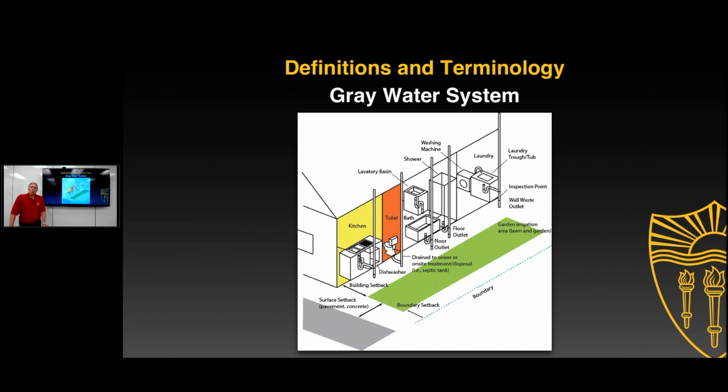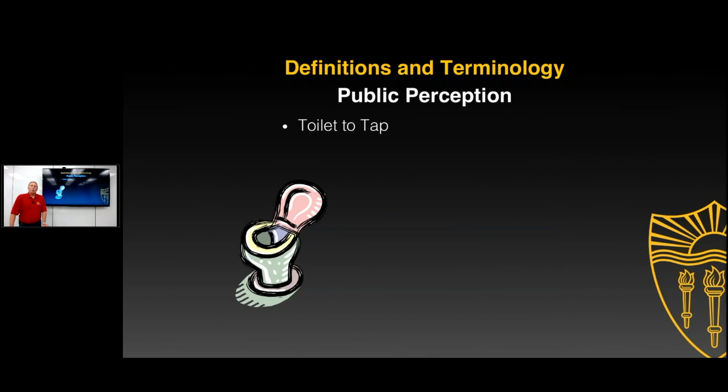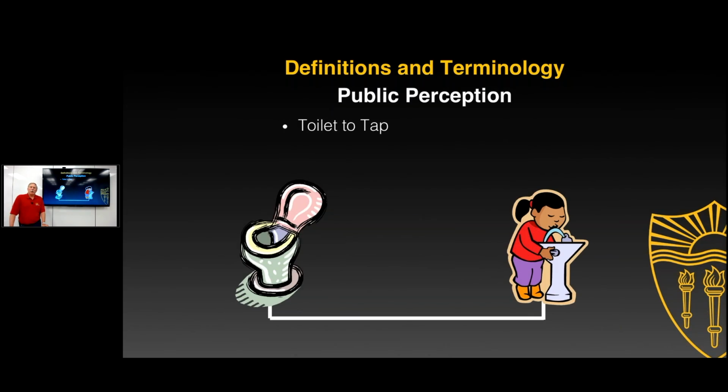We also find that when we start talking about recycled water or gray water, public perception becomes very interesting. We have found in areas that may have just very casually used the term "toilet to tap" to indicate we are treating the wastewater and reusing it in some positive way, it was taken totally, very poorly by the public.